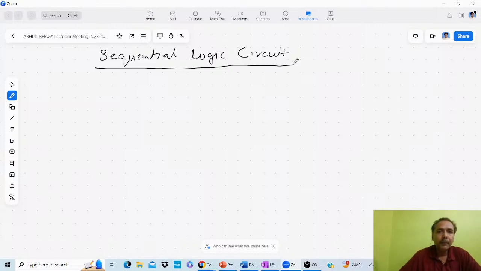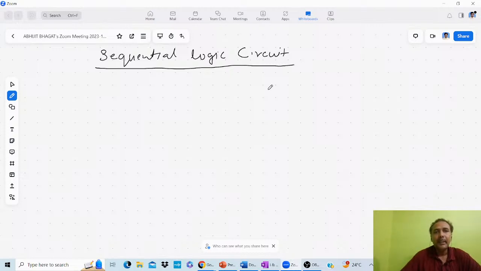Before starting the sequential logic circuit, I hope all of you remember the combinational logic circuit. In case of combinational logic circuit, your output depends only on the present input. But in case of sequential logic circuit, your output depends not only on the present input, but also on the past output.